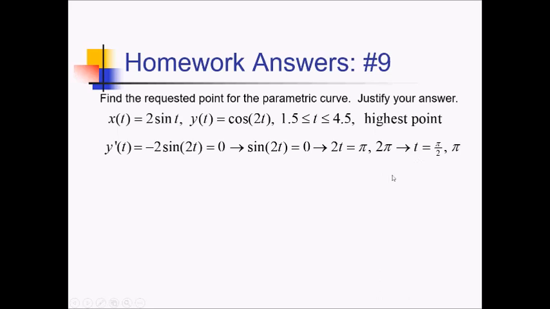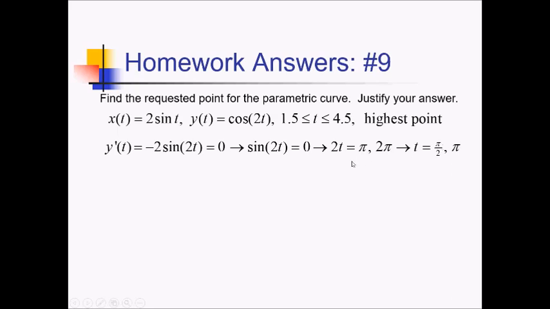Let me quickly verify that these numbers are between 1.5 and 4.5. Pi over 2 is about half of 3.14, which should be between these numbers. Pi itself is 3.14, so that's good. If I went any higher, I'd be adding another 1.7, which would give me something outside of my range. So these are the only numbers I really have to check.